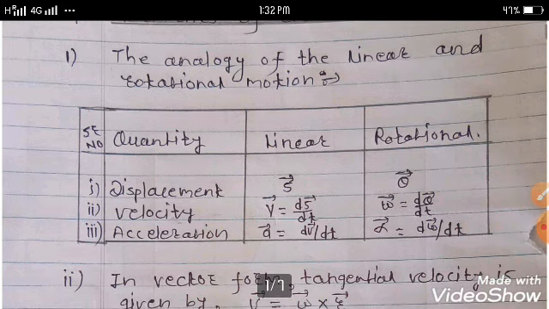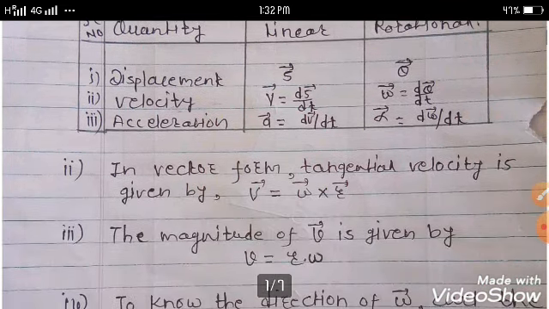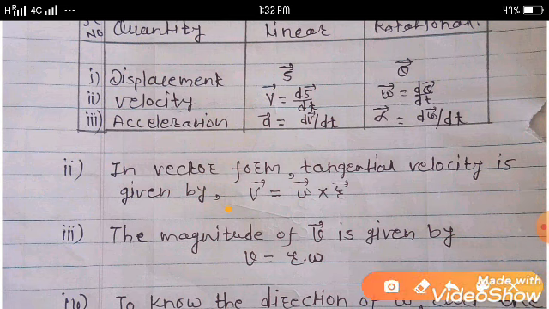Next point, what is the vector form of tangential velocity? In vector form, tangential velocity is given by v bar equal to omega bar cross r bar.